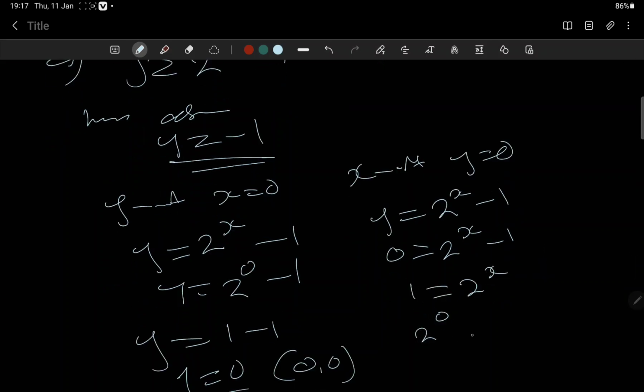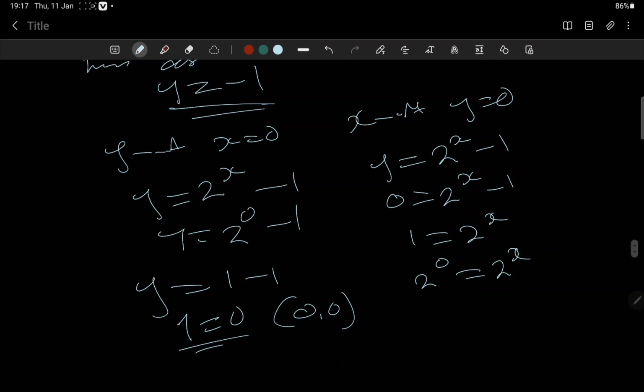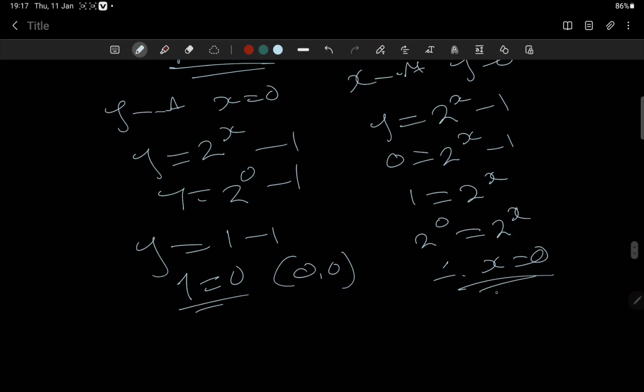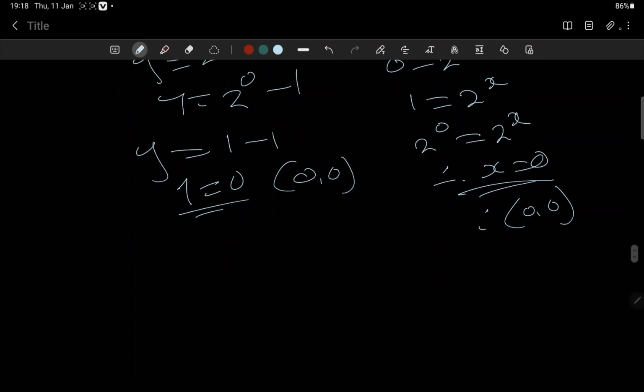You change 1 to this format: we all know that 2 to the 0 equals 1. Any number raised to exponent 0 will give you 1. At this point you revise your laws of exponents. Equating powers of the same base, you also equate the exponents. Therefore x equals 0, or 0 equals x. I just put it on the other side. Then the coordinates are (0, 0). So the x-intercept and the y-intercept are both at the point 0.